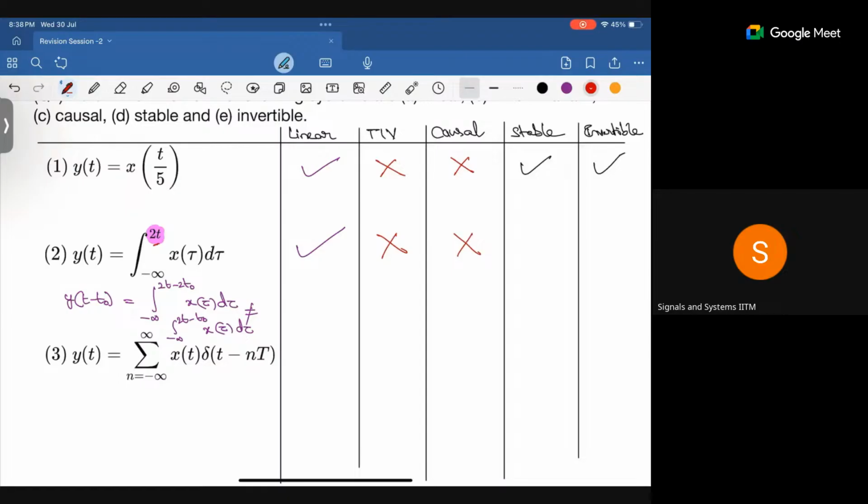Is this stable? Is an integral operator stable? How do I break the integral operator? Which bounded input provides me an unbounded output?